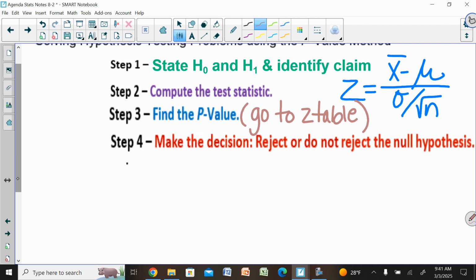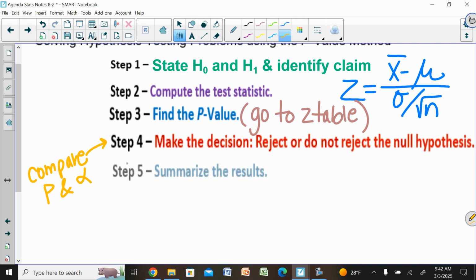You are either going to reject H sub O or do not reject H sub O. I also want to just mention, this is where we are going to compare our p-value and alpha. So that's what tells us what decision to make.